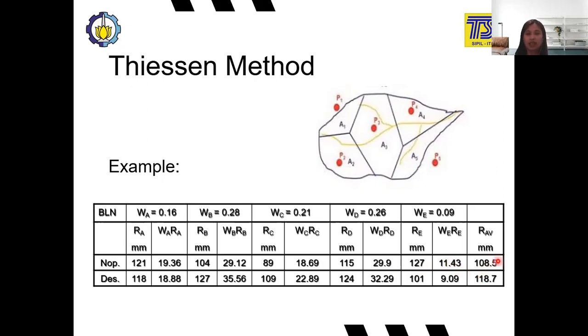Then we got this 108.5 rainfall average of the month of November in this watershed. And the same goes for the other months, with the same equation but different values, and then we got the average rainfall of the month of December in this watershed.